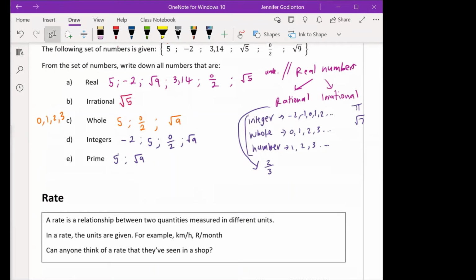So basically a rate is a relationship between two quantities, like kilometers per hour or rands per month. Can anyone think of a rate that you've seen in a shop? Can anyone think of an example of where you've seen a rate written when you've gone to the shops with your parents?